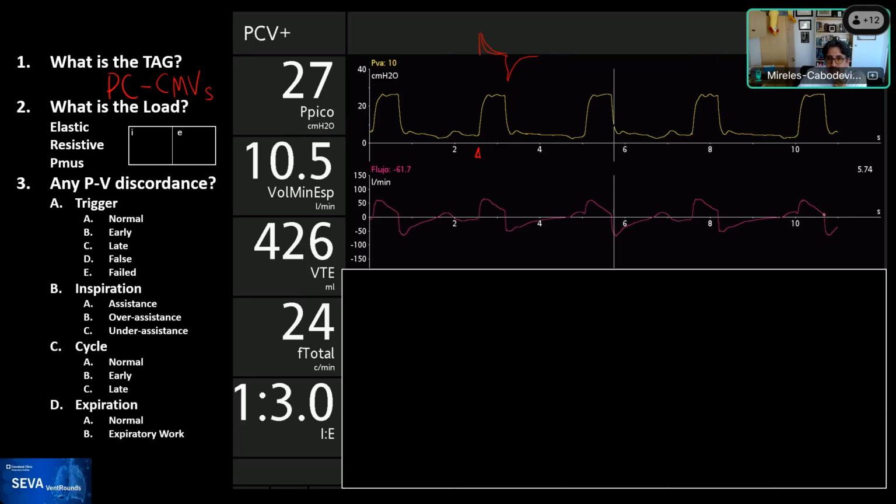You see how this one reached baseline, this one doesn't, this one doesn't, closer. So that makes me think that something is changing during inspiration. I see a little bit of exponential decay, but it's not the prettiest in the world, and that will happen to you, especially when the sensor is at the Y of the ventilator, so close to the endotracheal tube.